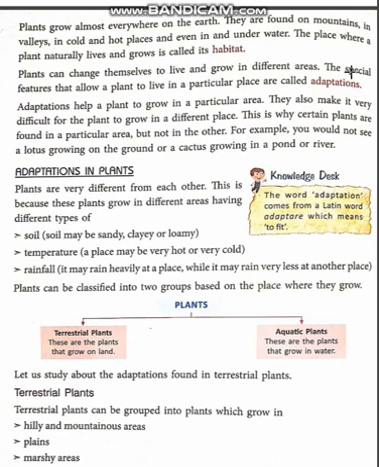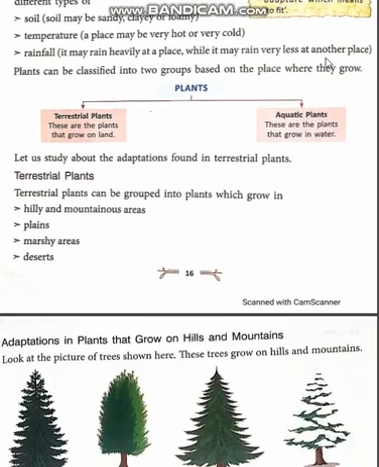Now look at the other thing. Let us study the adaptation found in terrestrial plants. So first we will talk about terrestrial plants. Terrestrial plants are again subdivided into different categories. The first category is hilly and mountain areas.